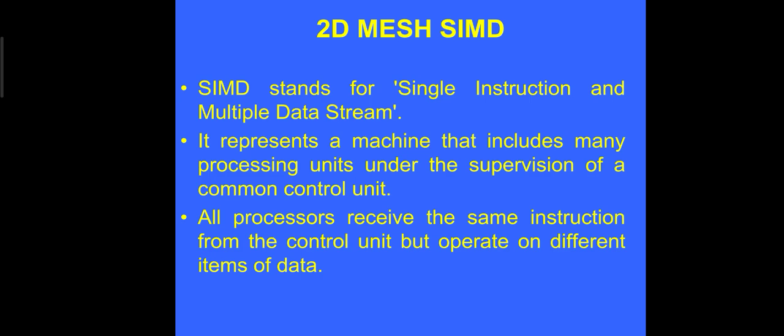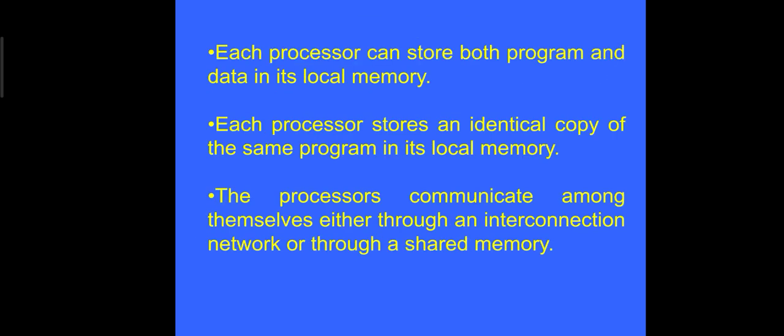It can be represented as a machine that includes many processing units under the supervision of a common control unit, in such a manner that all the processors receive the same instructions from the control unit, but operate on different items of data. Each processor can store both the program and data in its own local memory, which means a processor has its own identical copy of the same program in its local memory.